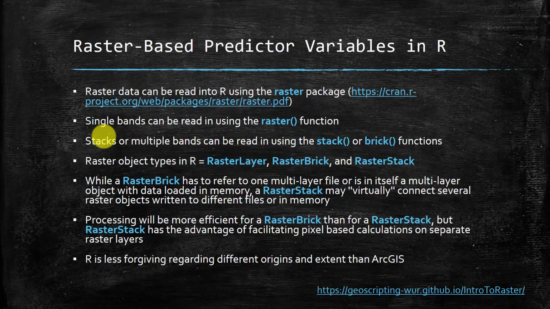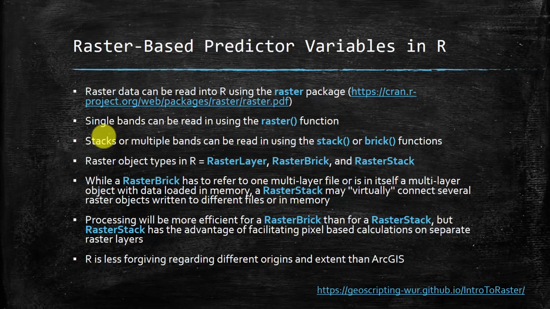In contrast, a raster stack doesn't necessarily have to reference the same file. You can have a stack that's produced from multiple layers or multiple files on disk. They virtually connect several raster objects written to different files or in memory. You could also have a raster stack read in everything from a single layer, but the point is it doesn't have to.